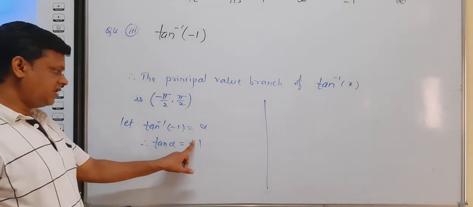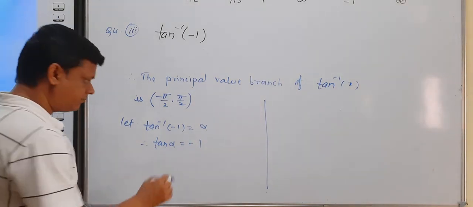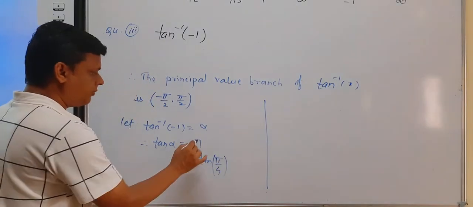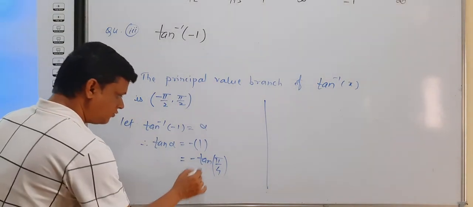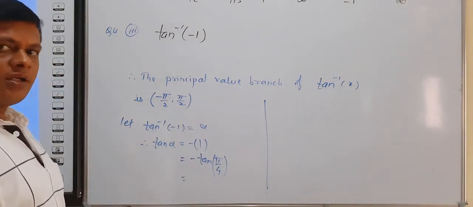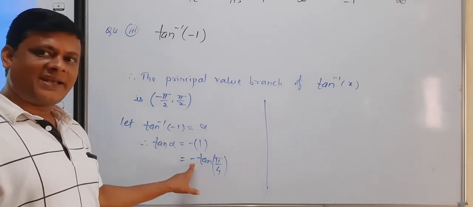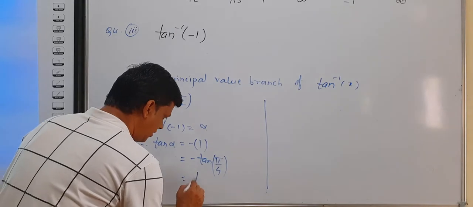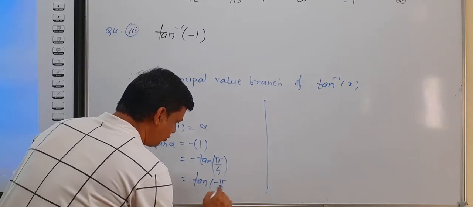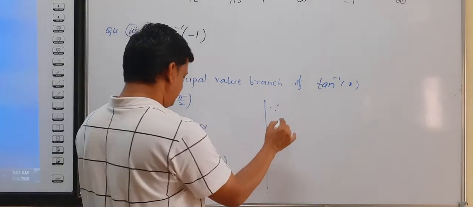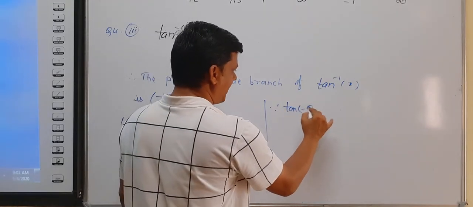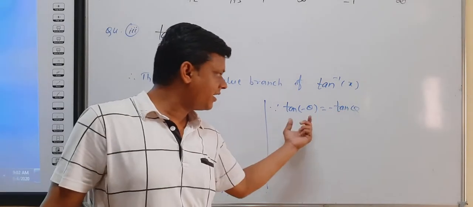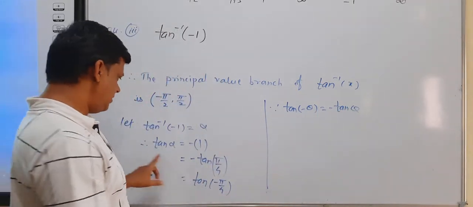Now we first consider for which angle the value is 1. So we write here tan pi by 4, because tan 45 is 1. So by using the property we write tan of minus theta equals minus tan theta. So we write here tan of minus pi by 4. You can write the reason here, tan of minus theta equals minus tan theta.